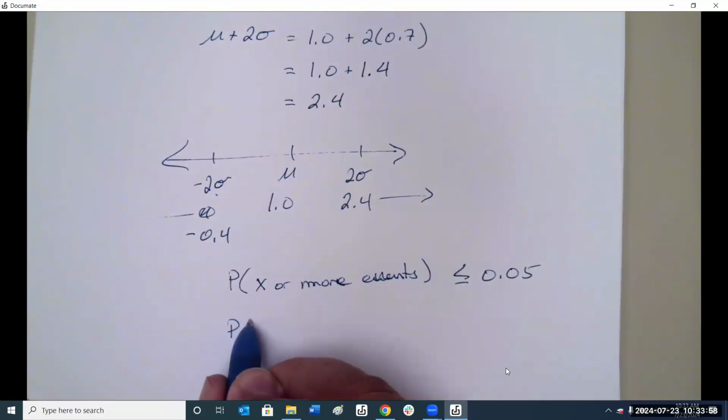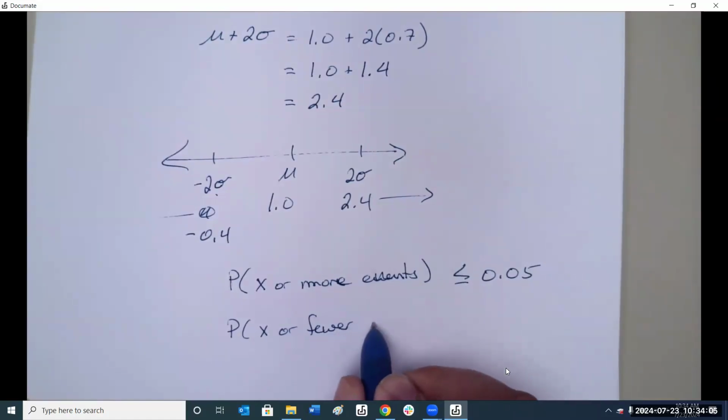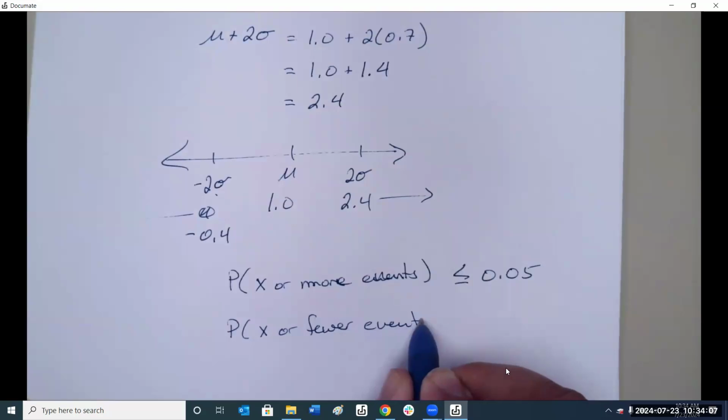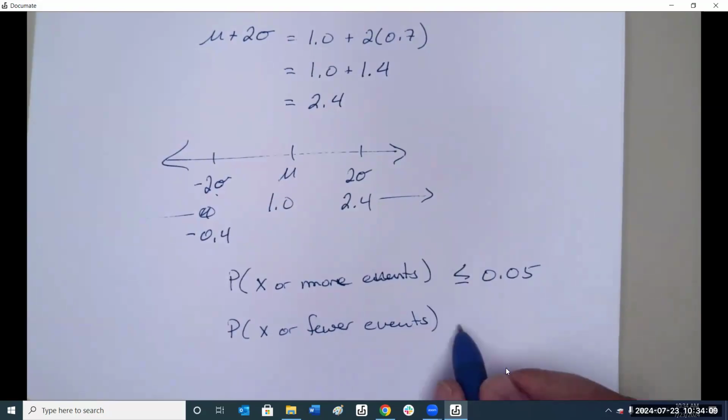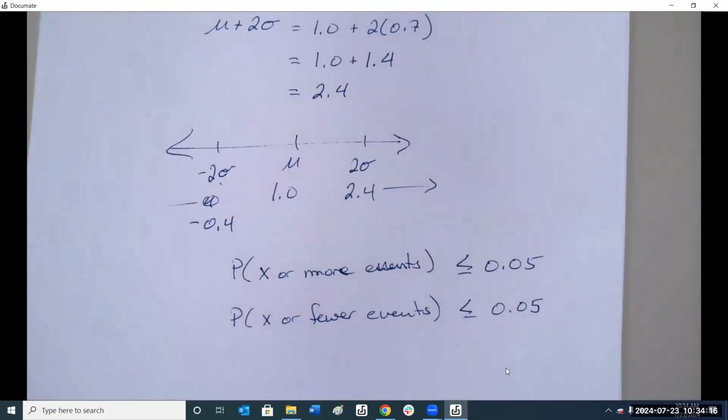Or on the other end, X or fewer events. This is for significantly low, as long as that probability is less than 0.05. Typically, we use 0.05 as the level of significance that we're looking at.